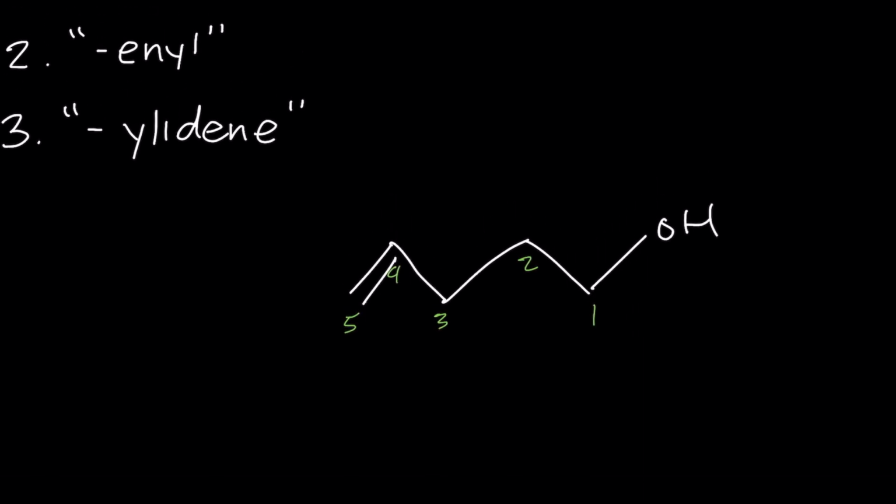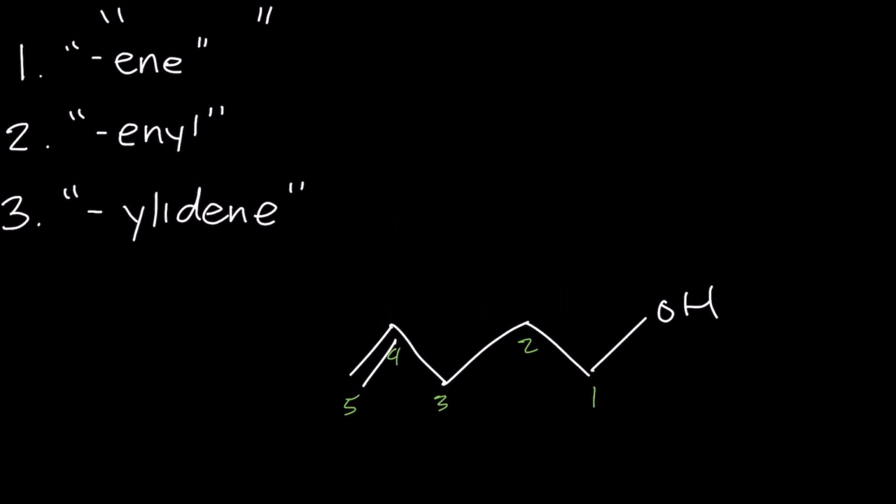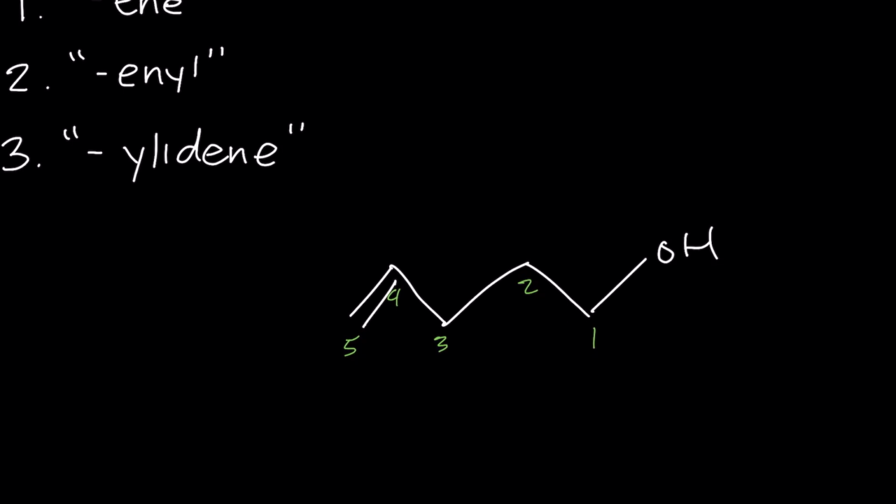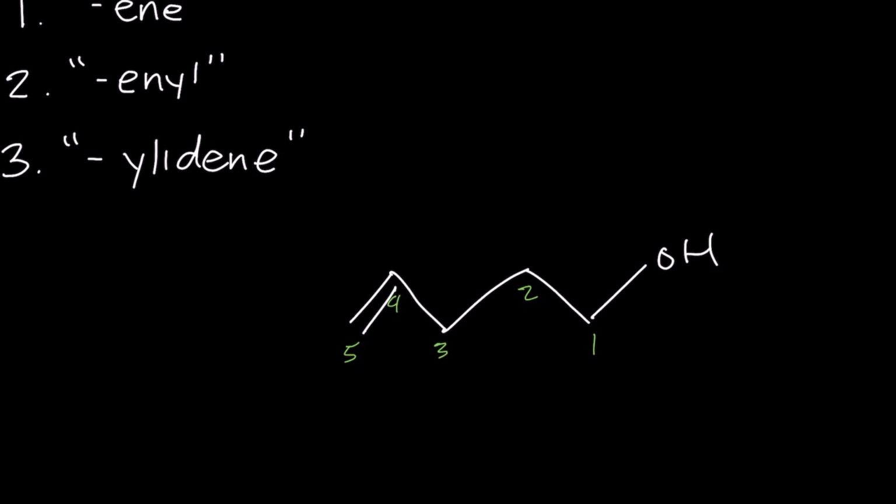So here, I'm going to have 1-ol, that's the ending for an alcohol, so -ol. There's a 1, 2, 3, 4, 5, so it's pent.